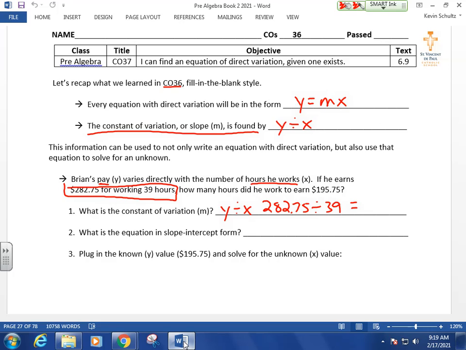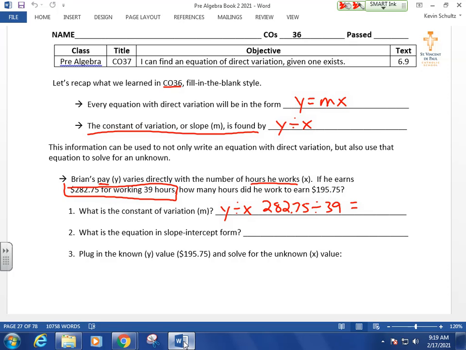And someone with a calculator here, what is $282.75 divided by 39? I've got one. Someone check my math. I got 7.25. Yes? 7.25?